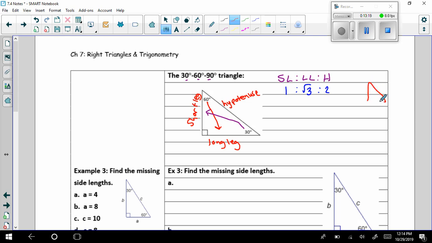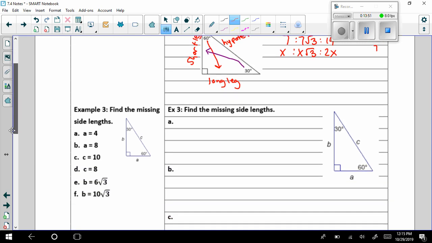Like for example, if your short leg was 7, so this would be 30, you would have the ratio 7 to 7 root 3 to 14. If we call the short leg x, then we would have x to x times root 3 to 2x. And so those proportions in that ratio are always there, no matter what the triangle is.